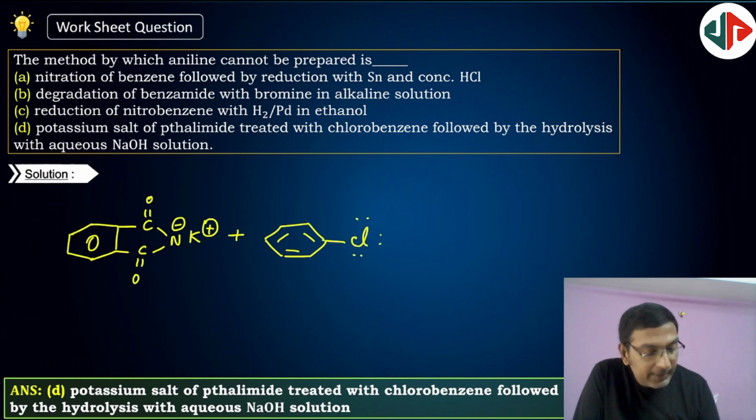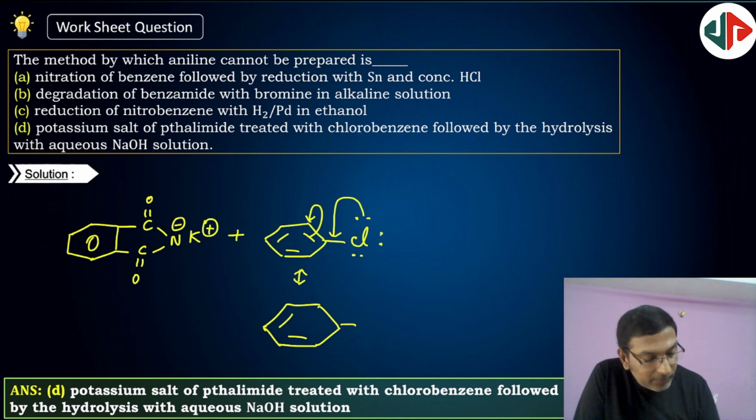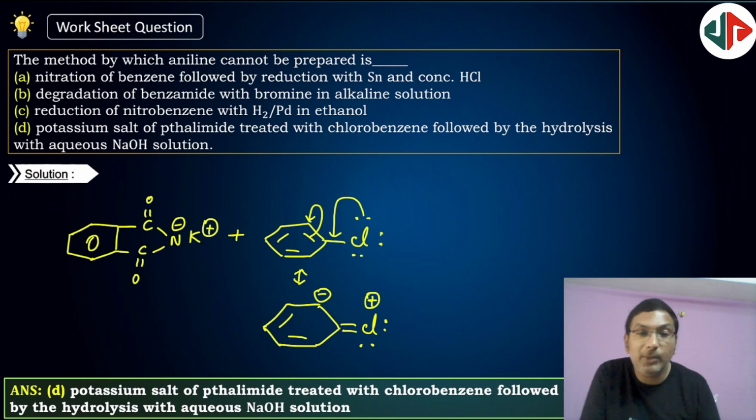Here there is conjugation between lone pairs of chlorine and pi bonds of benzene. Here there is delocalization. So due to this, the structure will become like this. There will be double bond formation between chlorine and carbon. This gives a structure like this, Cl plus and C minus. Double bond character. So therefore displacement not possible.